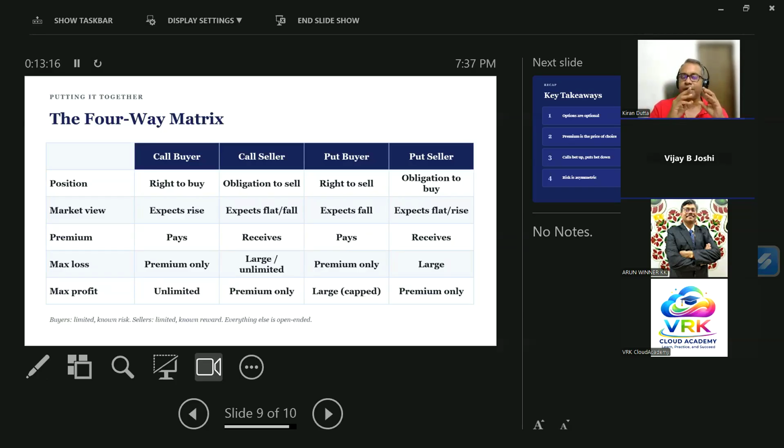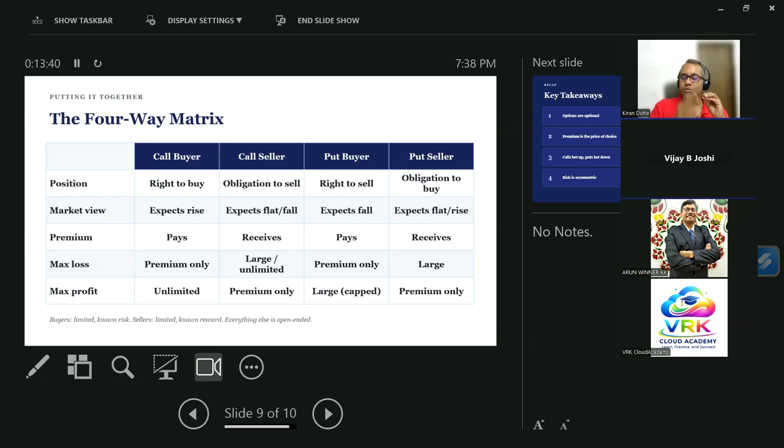If I anticipate my house will go from 1 crore to 1.2 crore, I will take a call option. What is a put? If I believe that my 1 crore will become 95 lakhs or 90 lakhs, I am a put buyer. That means I am actually selling the house.